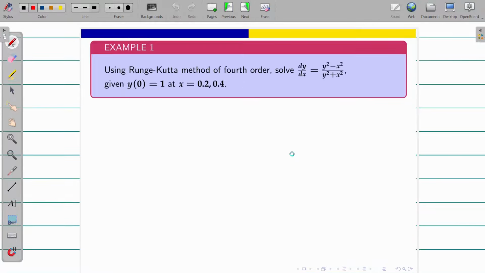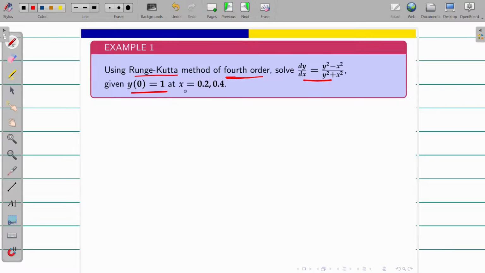So I have chosen a problem for better understanding. Using the RK method, there are first order, second order, third order and such concepts also, but particularly I have chosen the fourth order here. This is what is in your syllabus. Using the RK fourth order method, solve this ODE with initial condition y of 0 equal to 1.